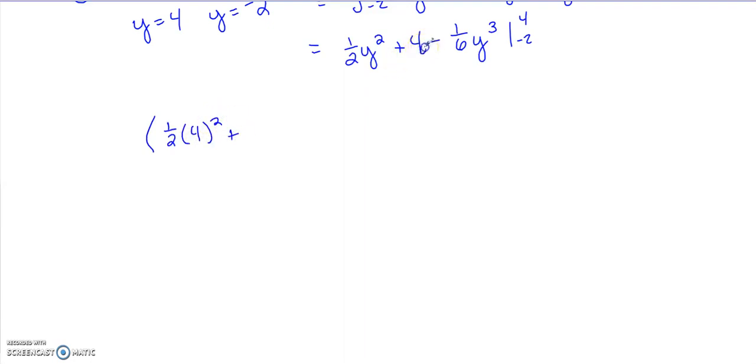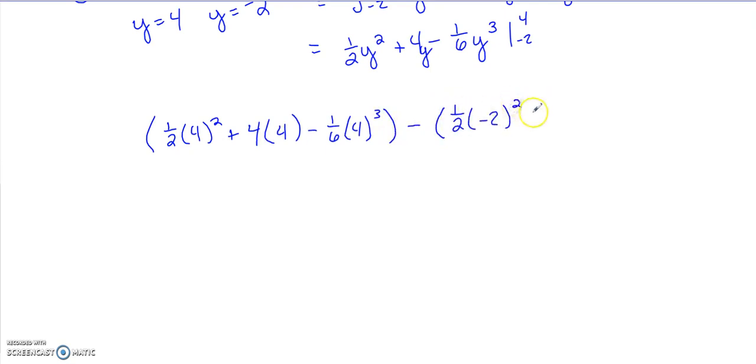So 1/2 of 4 squared, plus 4 times 4, minus 1/6 of 4 cubed, minus 1/2 of -2 squared, plus 4 times -2, minus 1/6 times -2 cubed.